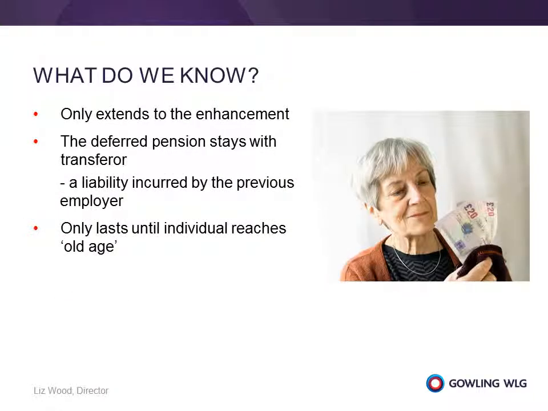So that is not changed by Beckman or Procter & Gamble. But what the judge here was saying was that if there is an enhanced early retirement or redundancy pension that's payable, the transferee will be liable for the cost of that enhancement. So you're essentially deducting off the cost of the deferred pension as against the enhancement cost.